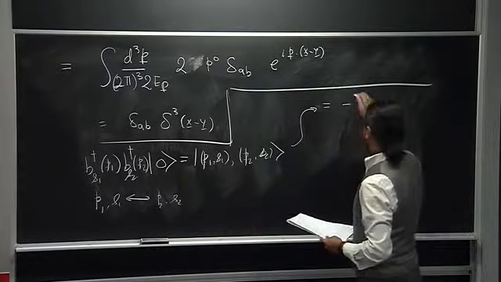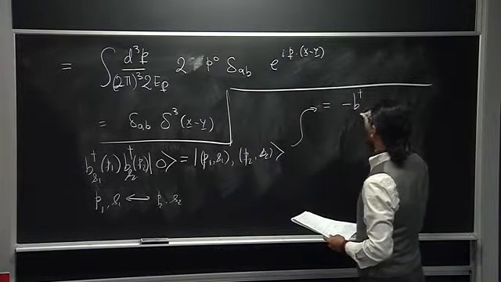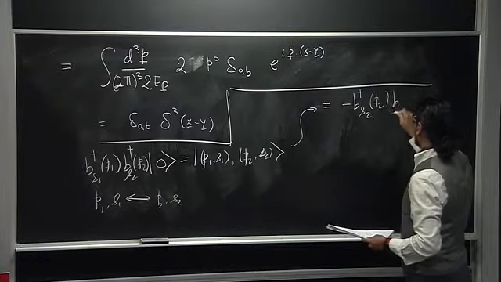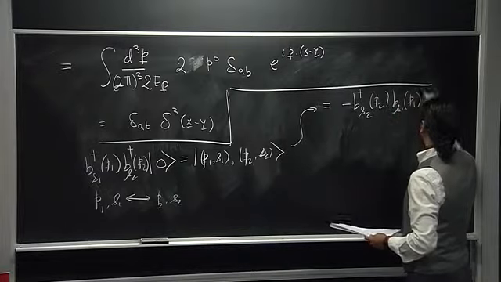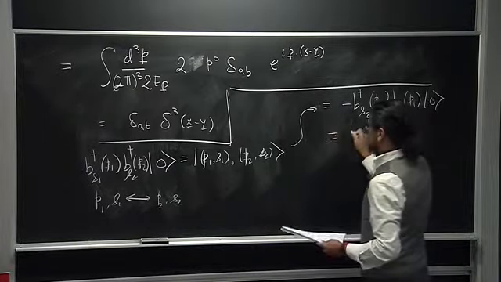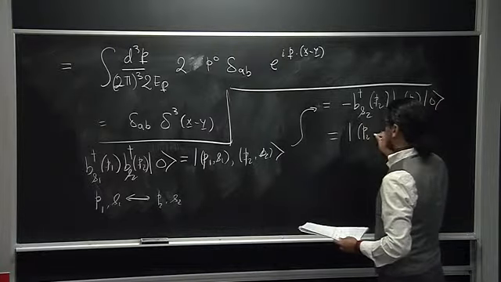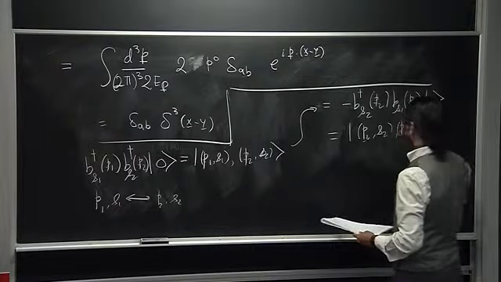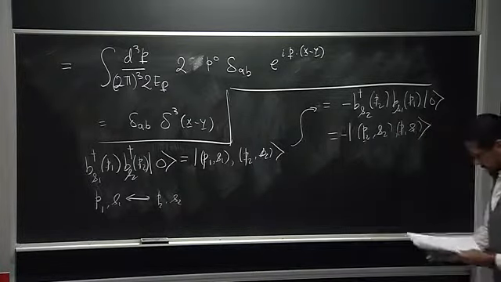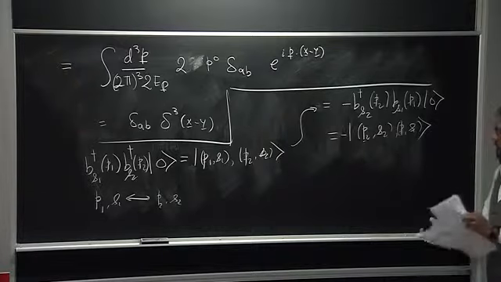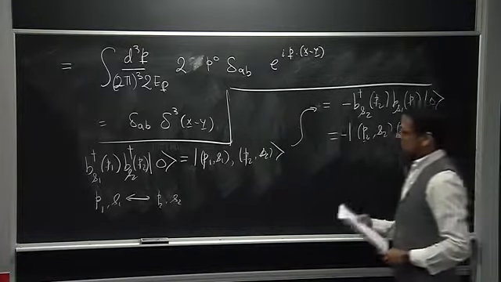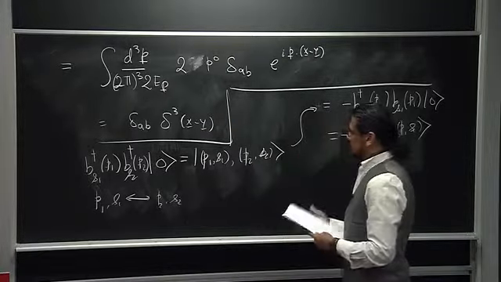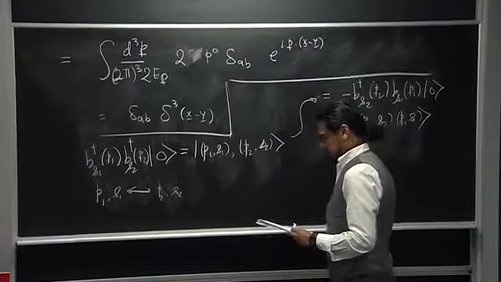So if we now use the anti-commutation relationship, we get b of s2 of p2, b of s1 of p1 acting on the vacuum. And this just gives us the state p2 s2, p1 s1 with the minus sign. So it's very trivial to see that anti-commutation relationships do lead to Fermi-Dirac statistics. Okay.